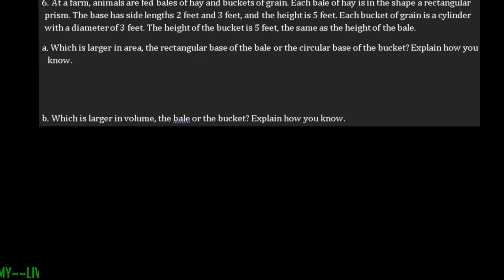All right, so anytime you don't have the picture, always draw the picture, which is why we've been practicing. Some important information. That bottom has side lengths of 2 and 3, and its height is 5. Let's do the rectangular prism first.